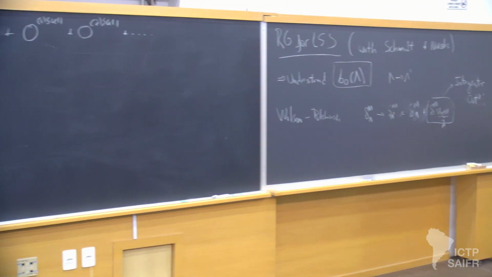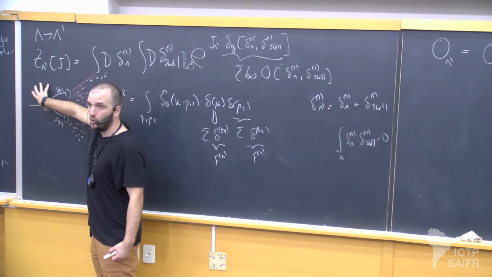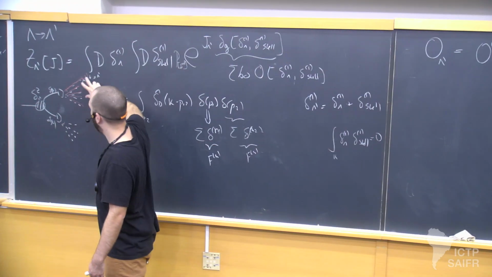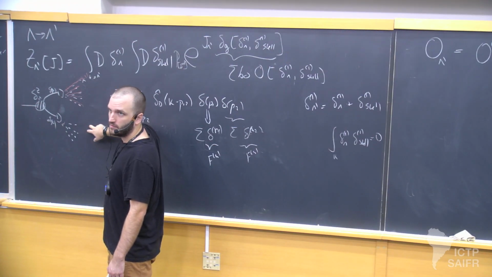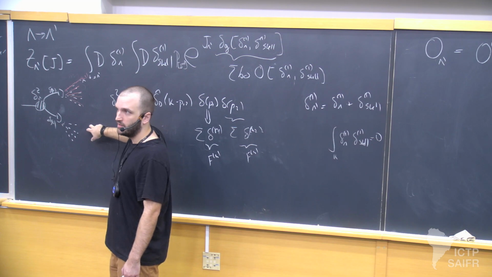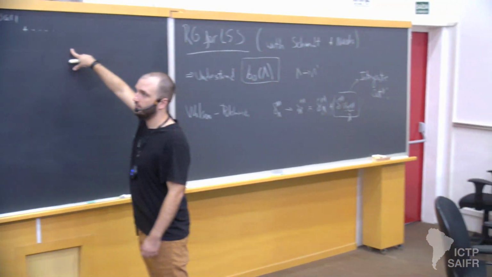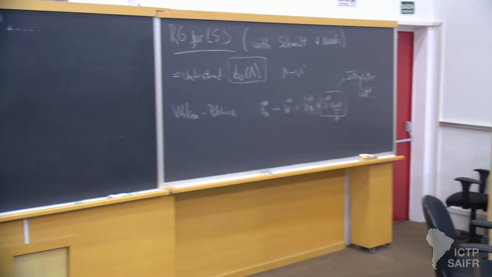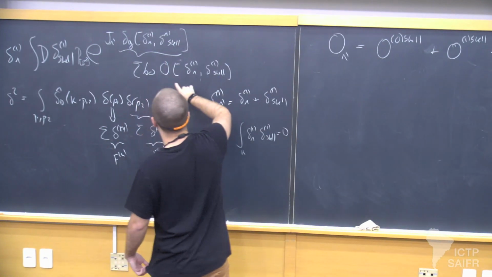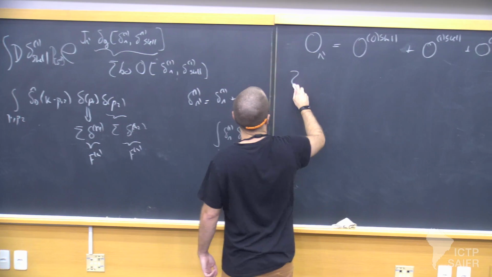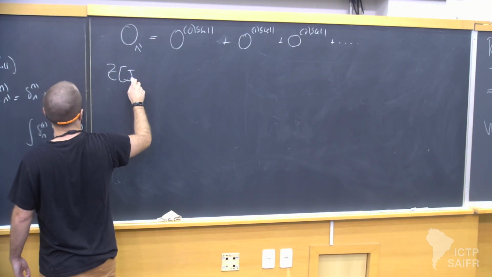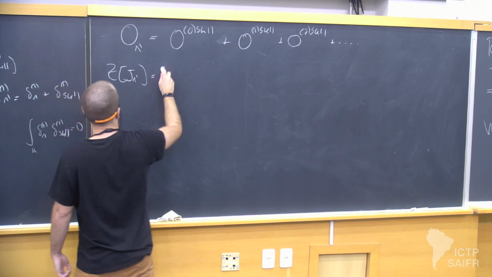It just means the number of shells. I'm taking my O and basically counting how many shells it has. That's the power count I'm doing. Then I'm going to take the counting and expand in terms of the number of shells that I have. Because if I take this and expand, I'm going to have something like this: Z of J of lambda prime.